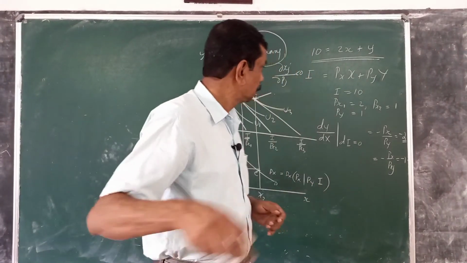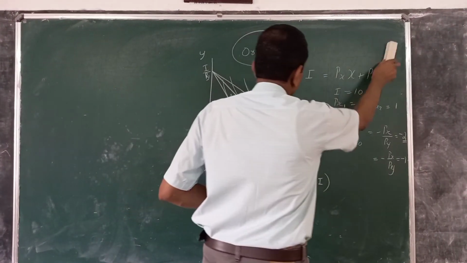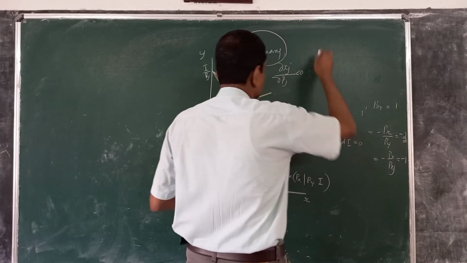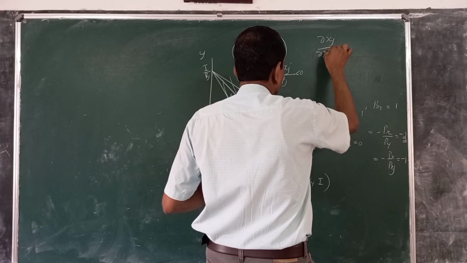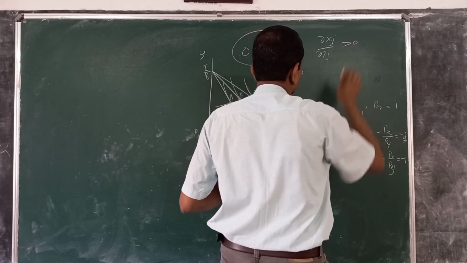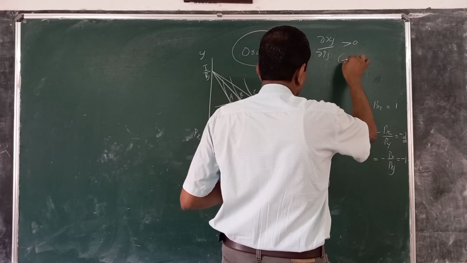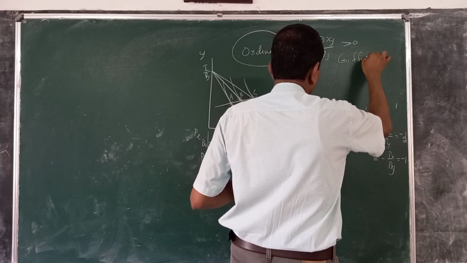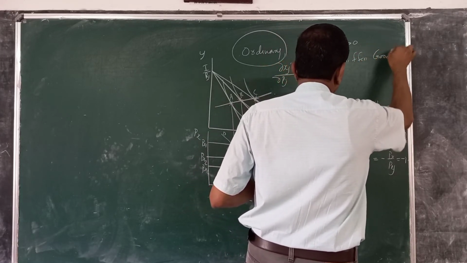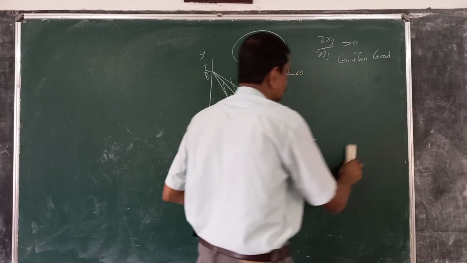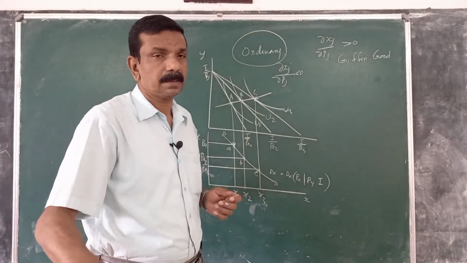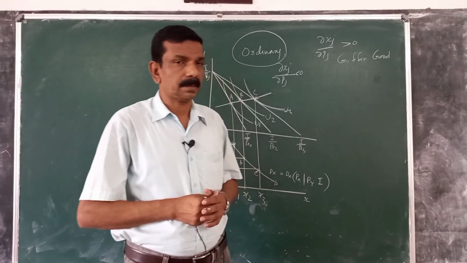That is, there are situations in which dou Xj by dou Pj is greater than 0. Such a situation is known as a Giffen good. A Giffen good is a situation in which there is a positive relationship between price and quantity demanded.